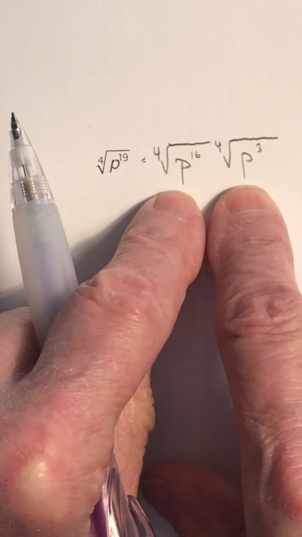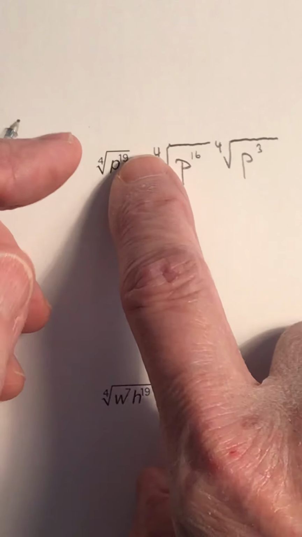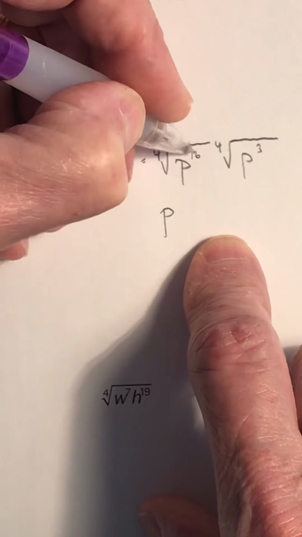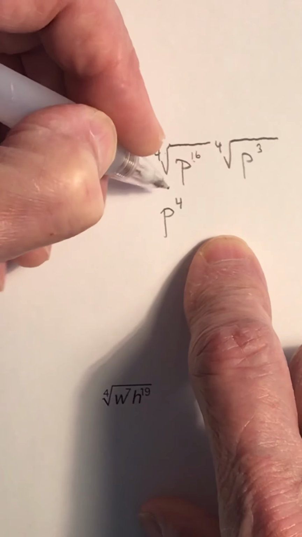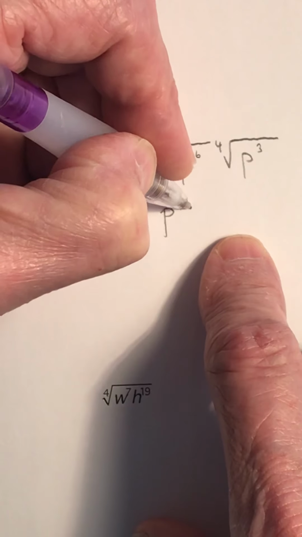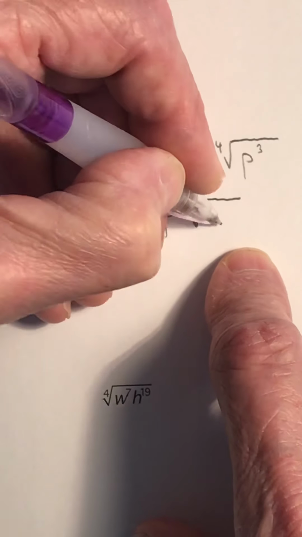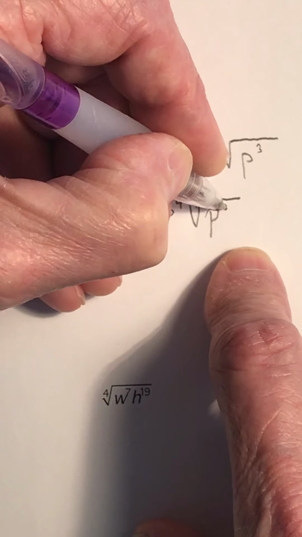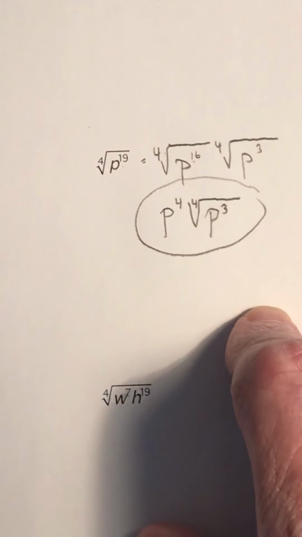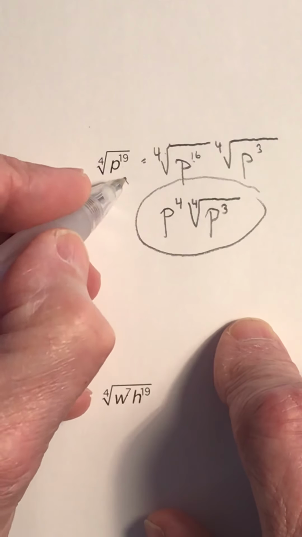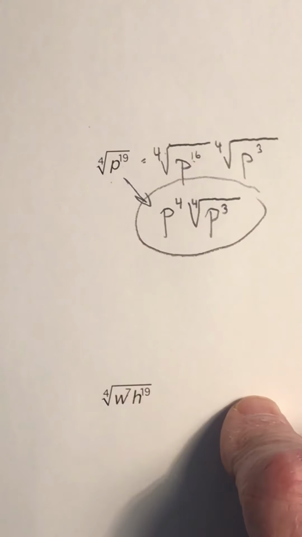See, there's the factored p to the 19th. Now this becomes p to the 16 divided by 4 is 4. And then it's a lot of 4s floating around here. 4th root of p to the 3rd.